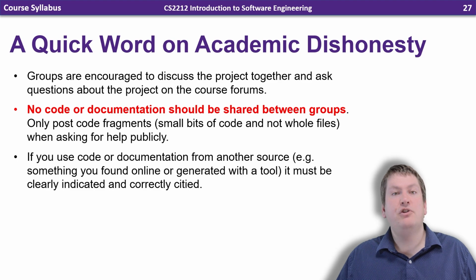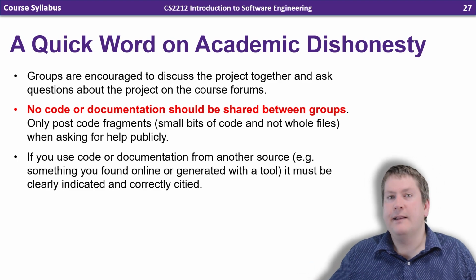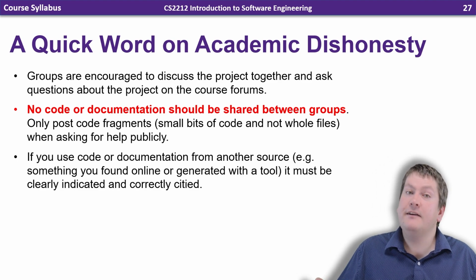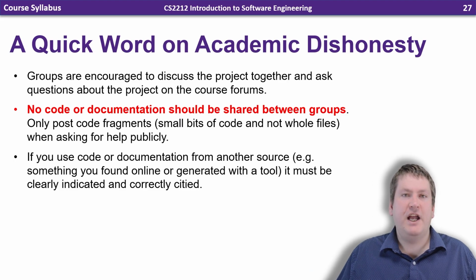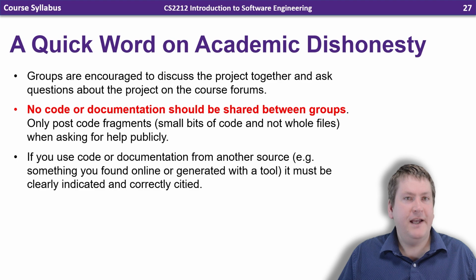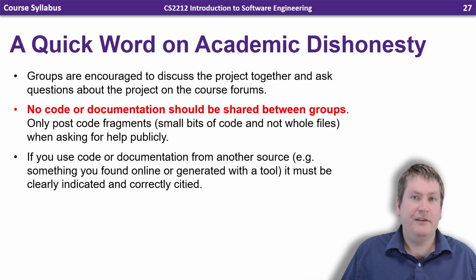That's fine, but you do have to say in the comments of your source code that this was generated by, like, the NetBeans IDE. Or if you use a tool like ChatGPT to help you out, you have to clearly indicate what code was written by ChatGPT. If you find something online, like on Stack Overflow, and you use that, again, you have to clearly indicate what was written by someone else.